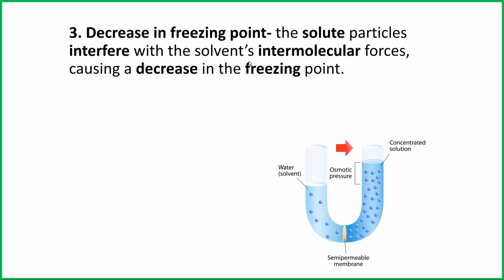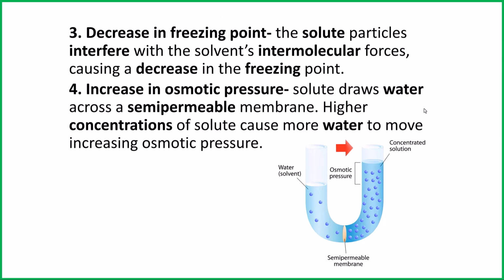So the solute particles are interfering with the solvent's intermolecular forces, and therefore it causes a decrease in the freezing point, because the solvent particles are not able to form the attraction required for them to become a solid.